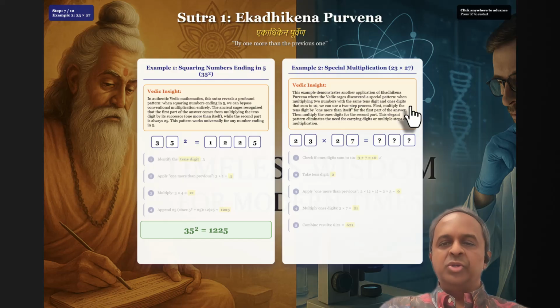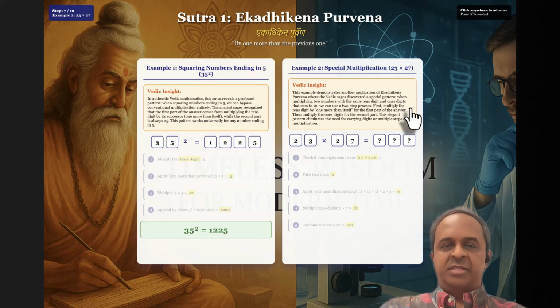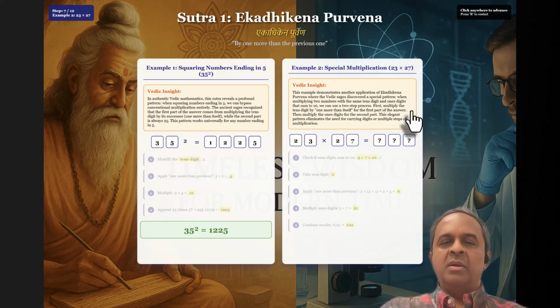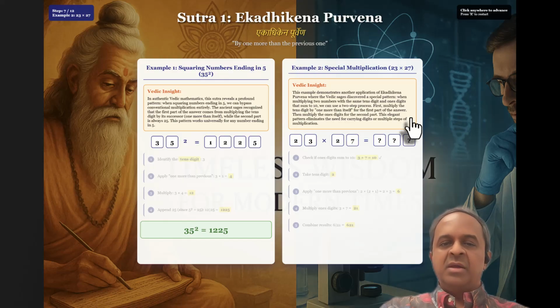We can use a two-step process. First, multiply the tens digit by one more than itself for the first part of the answer. Then multiply the ones digits for the second part. This elegant pattern eliminates the need for carrying digits or multiple steps of multiplication.